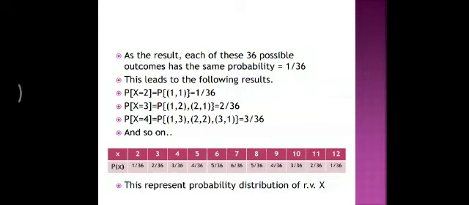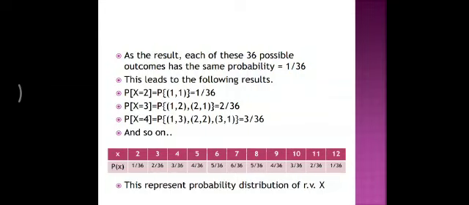Means the probability of getting (1, 1) is equal to 1 by 36. Now the probability for X equal to 3 is equal to the probability of getting ordered pair (1, 2) and (2, 1). It gives two possible outcomes, therefore we take it as 2 by 36. Therefore we will proceed like this and so on. We will get, see this table.